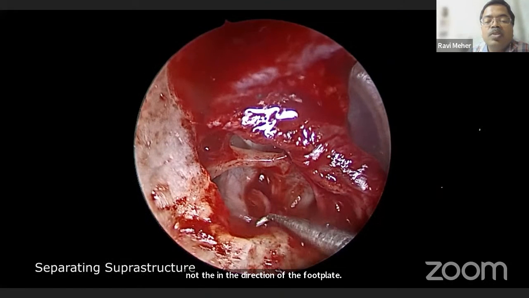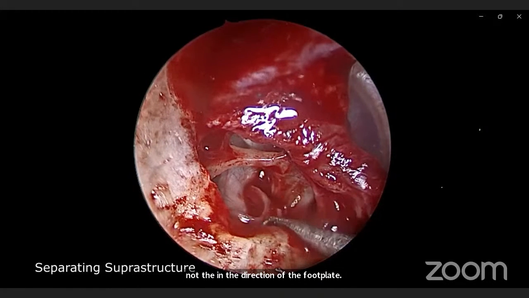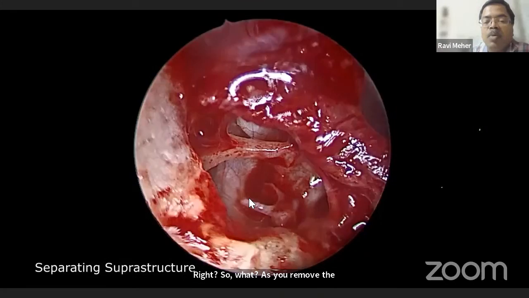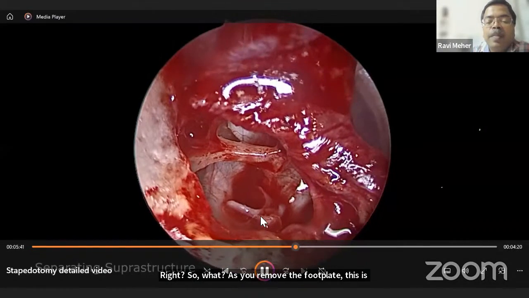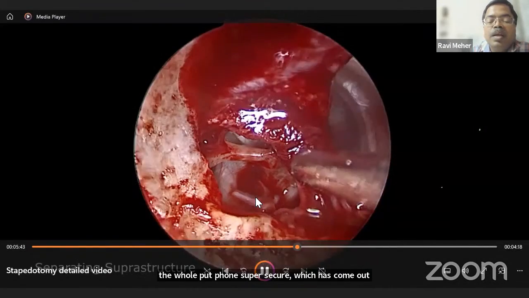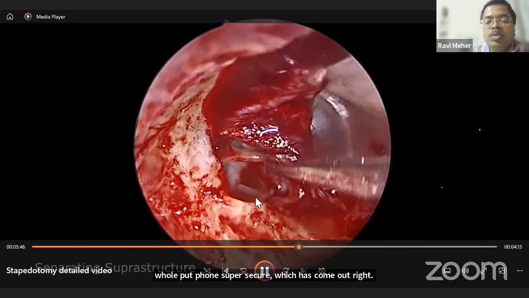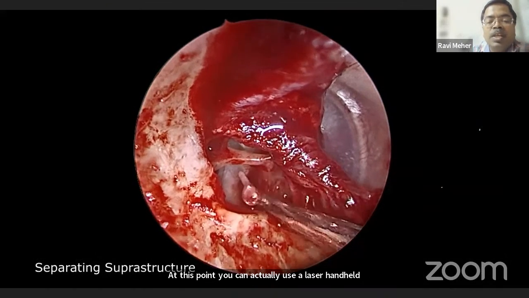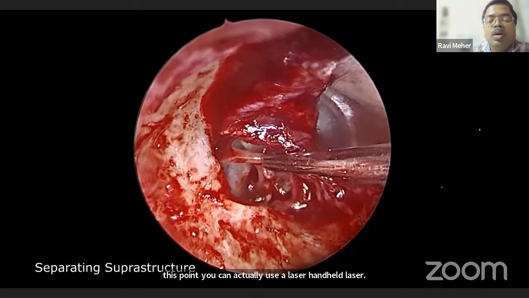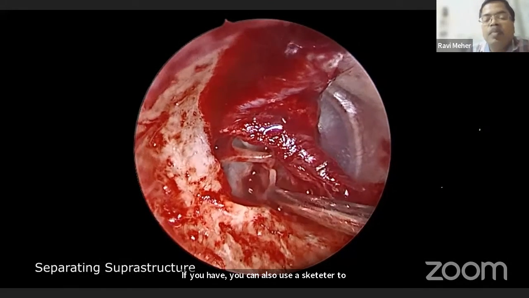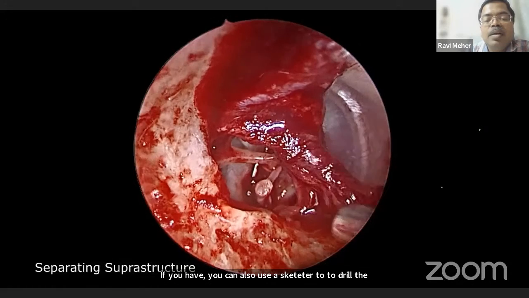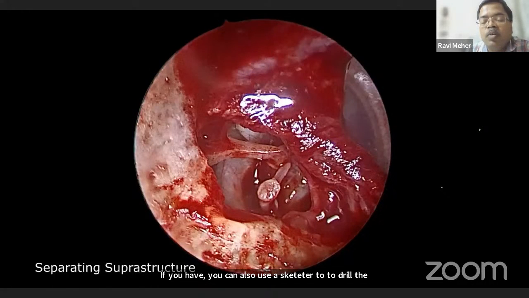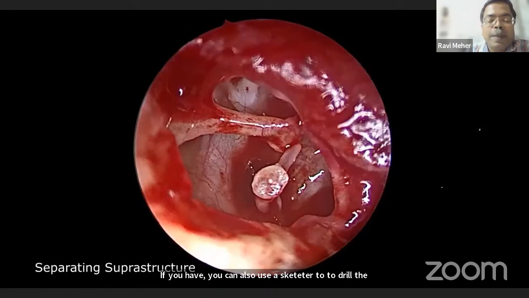So once you remove it, this is the whole superstructure which has come out, right? At this point, you can actually use a laser, a handheld laser if you have. You can also use a skeeter to drill the posterior crus and then remove the superstructure, right?